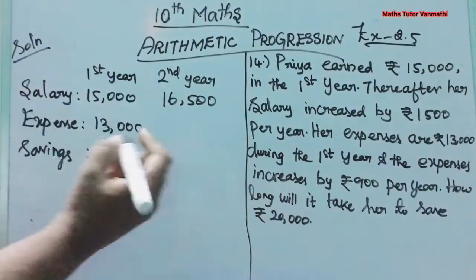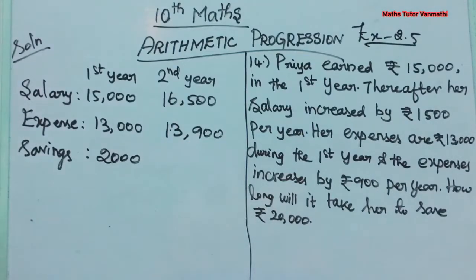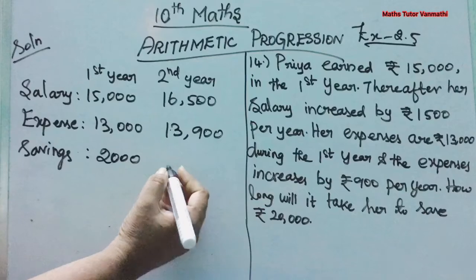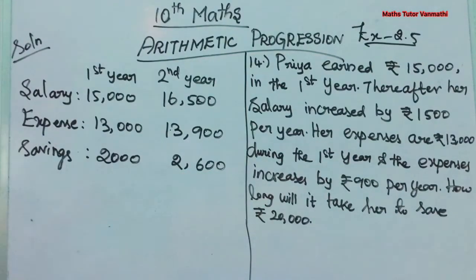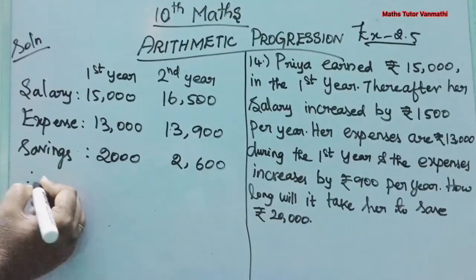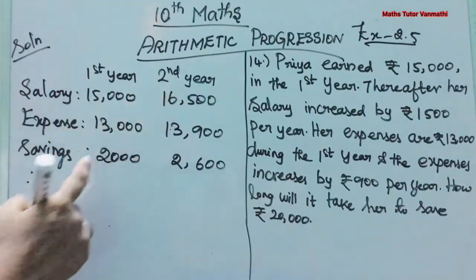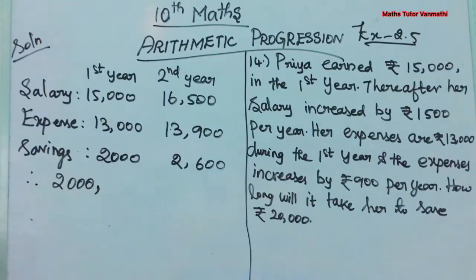So adding 900 to this, you will get 13,900. Okay. Now what will be our savings? Subtracting this, what will you get? 2,600. Clear?